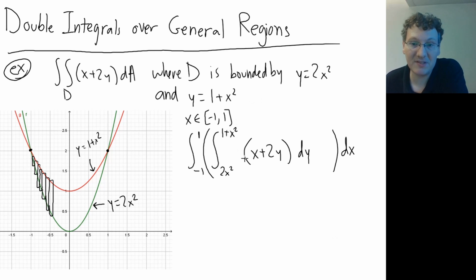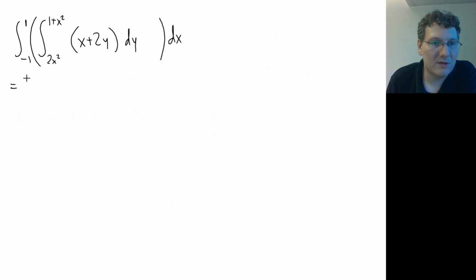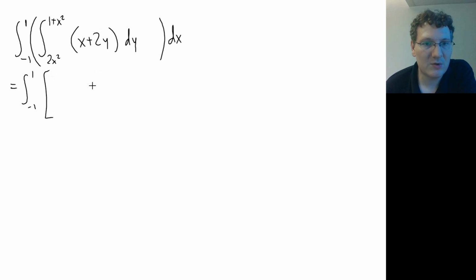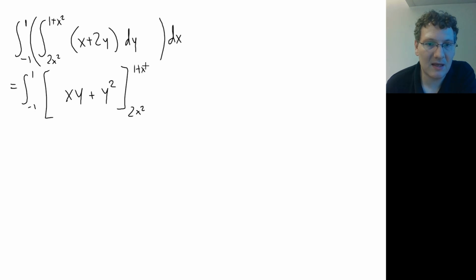So we're going to now proceed to do this integral. I'm going to keep the outer bounds, but integrate with respect to y. We're going to get xy plus y squared, with the bounds 2x squared and 1 plus x squared.